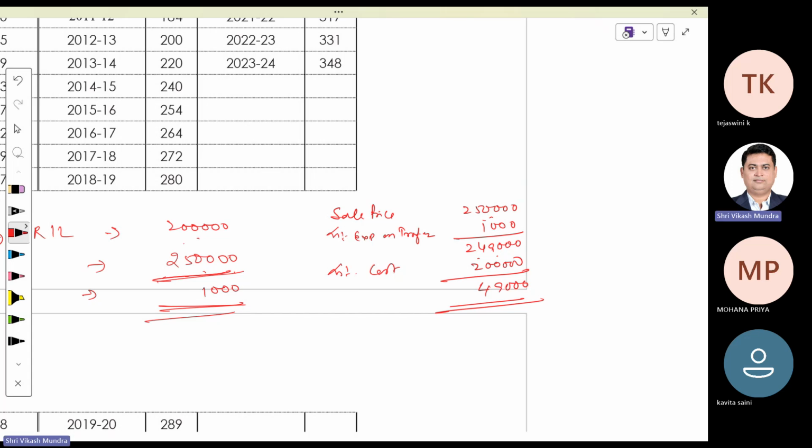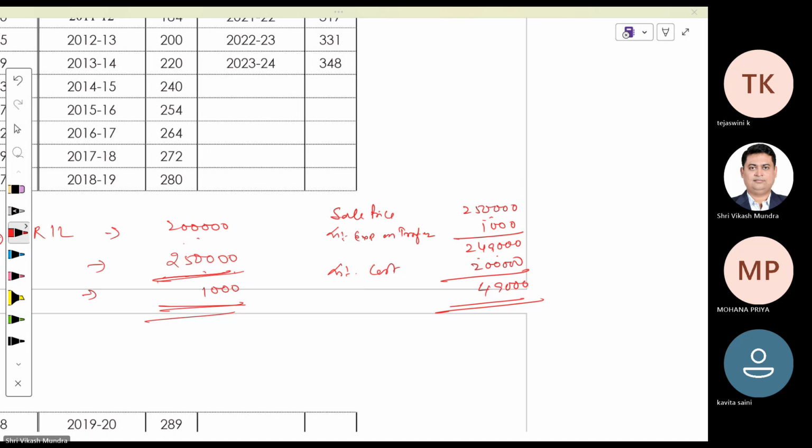Do you think one of the easiest calculations in income tax is this one? If you ask a layman how much profit he or she earned in this transaction, he or she will calculate rupees 49,000. Agree or disagree? Is there any rocket science in calculating rupees 49,000?